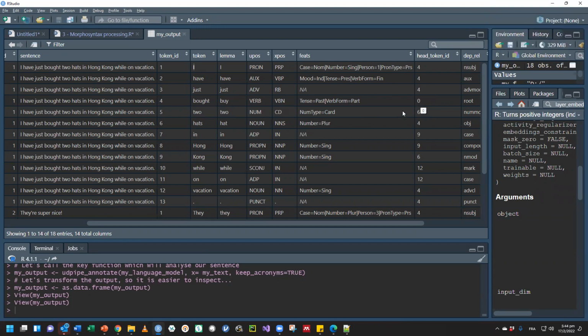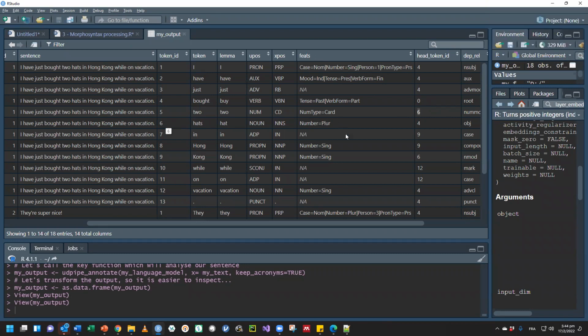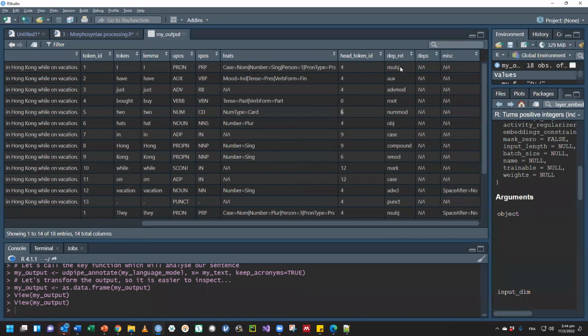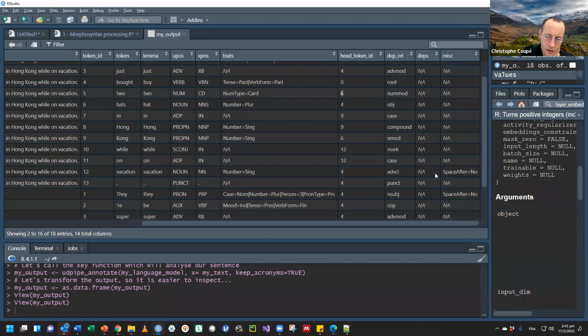"Two hats": you can see that "two" is related to the head, which is "hats". So it shows you how the words connect to each other. And they additionally tell you the kind of relationship it is. Plus a little bit of other things.